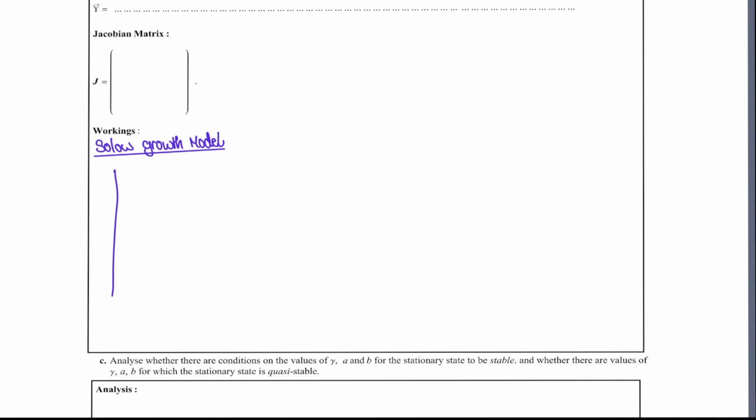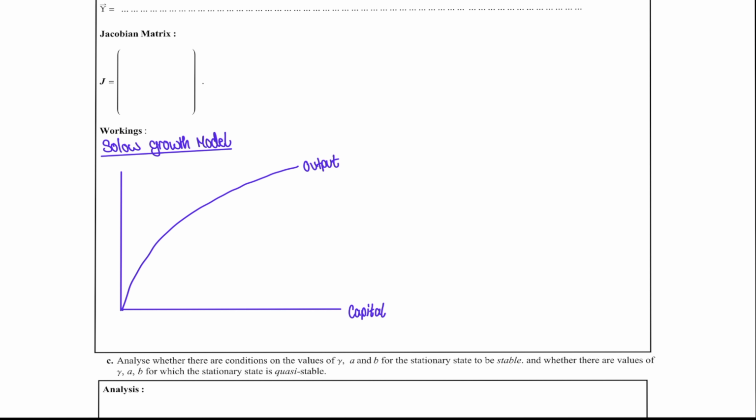So let's say we had some level of output in the economy, which slowly starts to plateau off after there's a high amount of capital in the economy. And let's say there is some level of investment, which is going to be some factor of output.